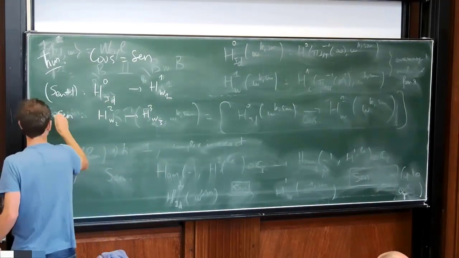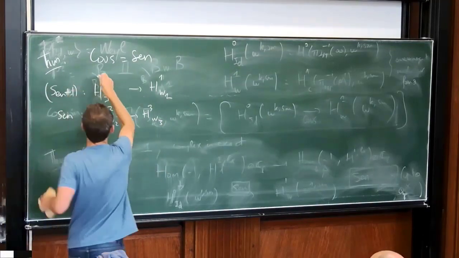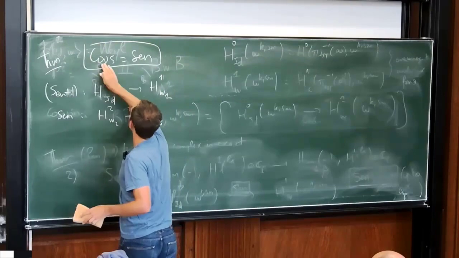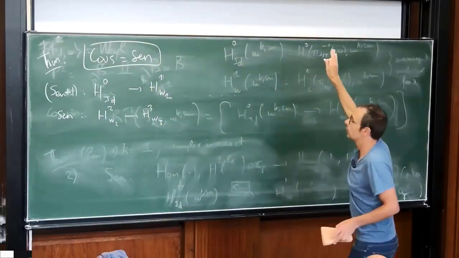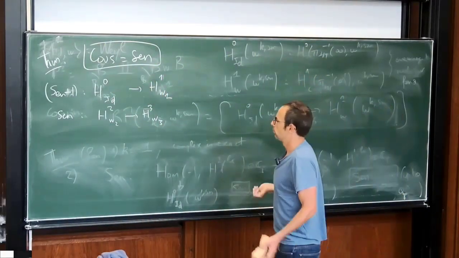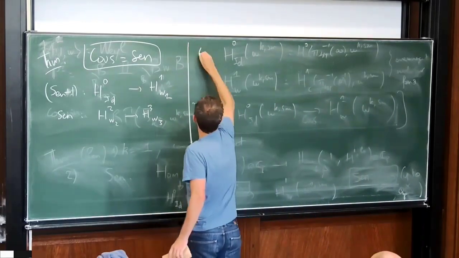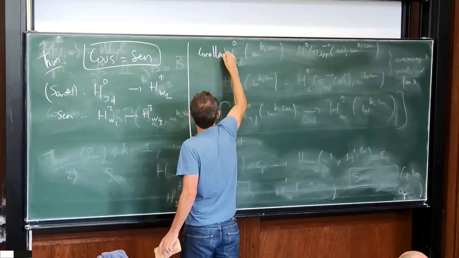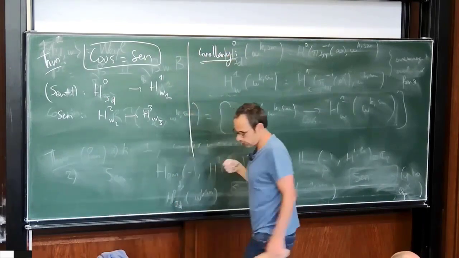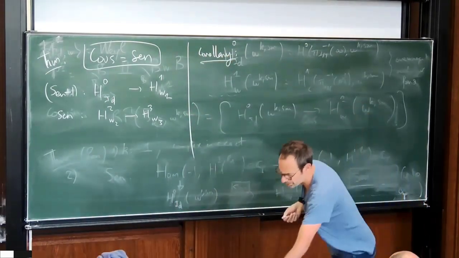So these maps that come from arithmetic also agree with the maps that come from geometry, just as before. Now this has a corollary, which is some classicality theorem for these overconvergent modular forms.